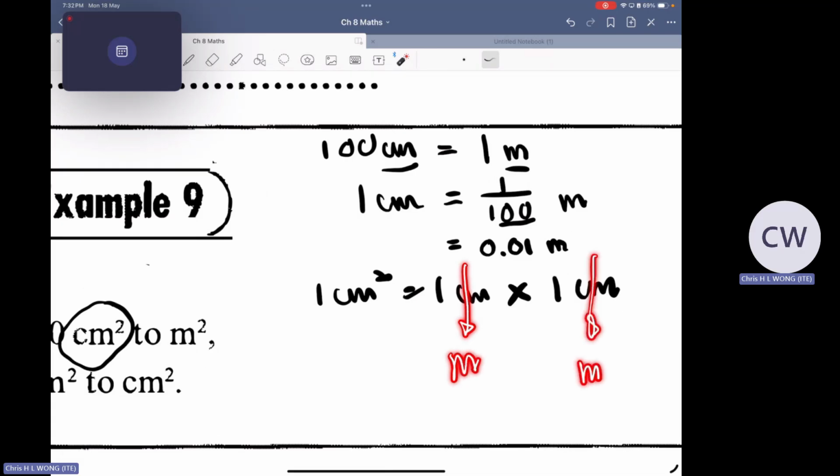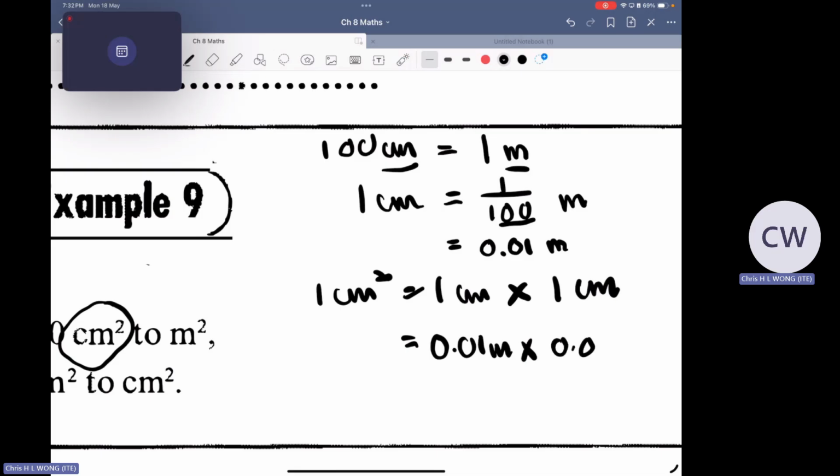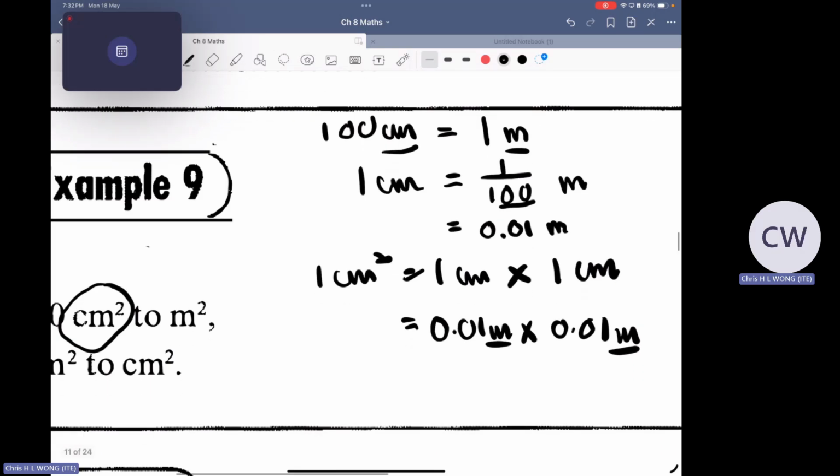So this one becomes 0.01 times 0.01 meter. Equals to 0.01 meter times 0.01 meter. Meter will give you a meter square, isn't it?